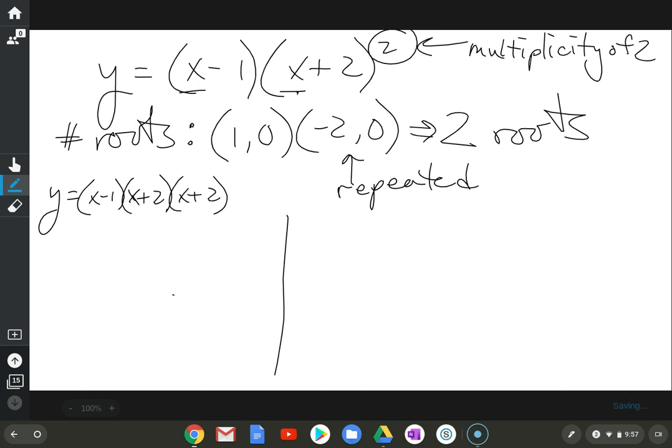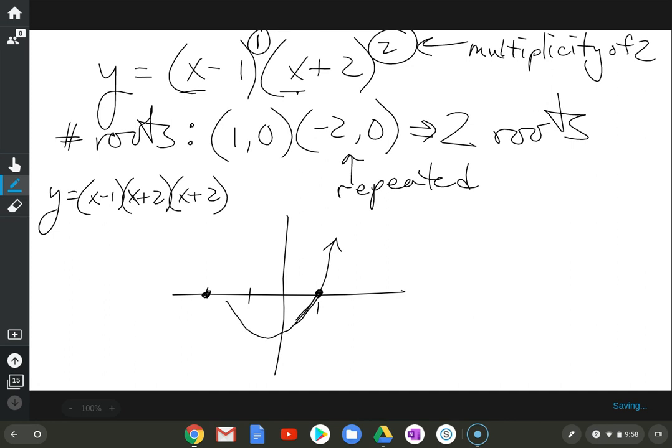What does that do to the graph? We have a root at 1 and a root at negative 2, and a positive leading coefficient. Here's what happens. When you have a root that has an odd multiplicity, like this one has an invisible 1 here, that's an odd number, that means the graph is just going to go right through that root. It'll go right through the x-intercept and just keep on going.